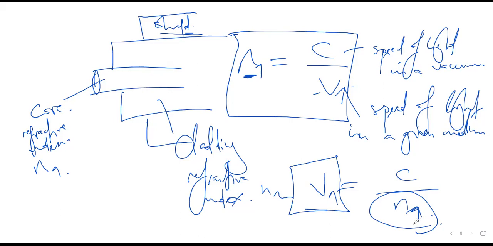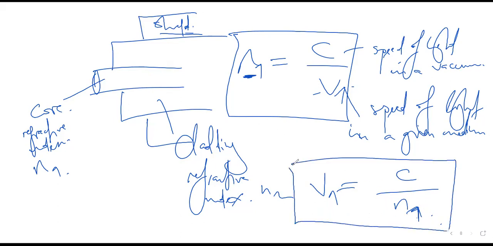Basically, V is equal to C over N, where C is the speed of light in a vacuum.